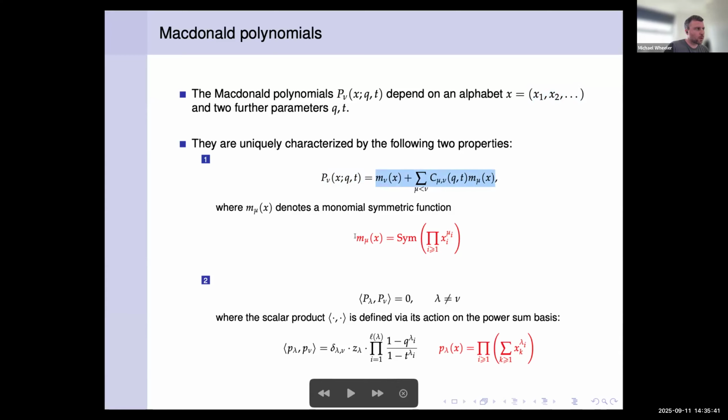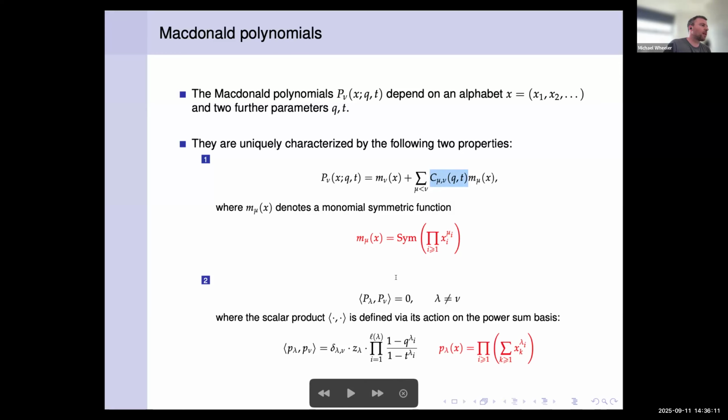For anyone who doesn't know what those are, I've included the definition in red here. Essentially, this says that the Macdonald polynomial expands in a triangular fashion over that basis, with the leading coefficient being equal to 1. Then you have a family of other coefficients, which you don't actually know very much about. They're just some rational functions in q and t, which could potentially be very complicated.